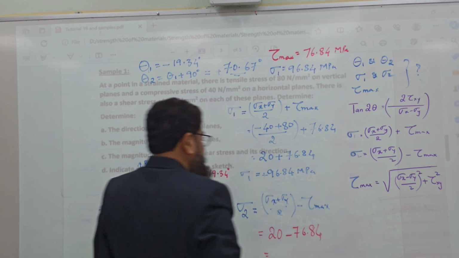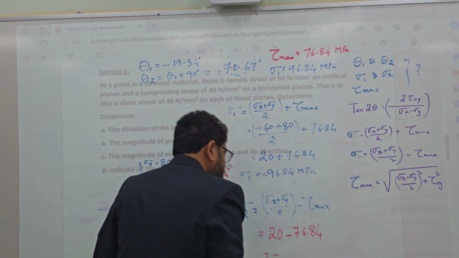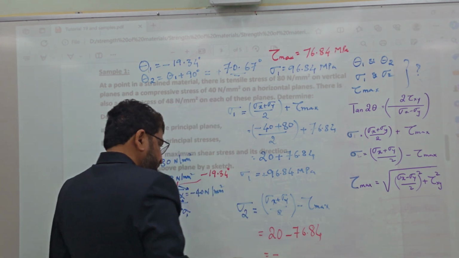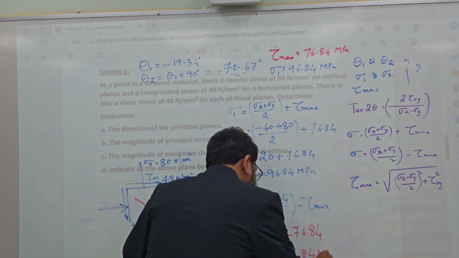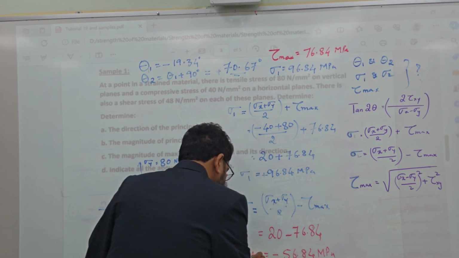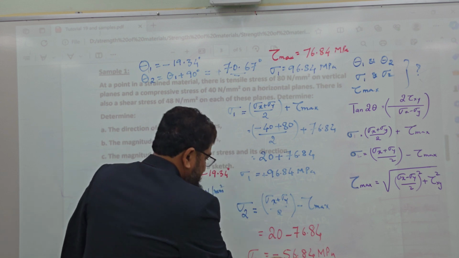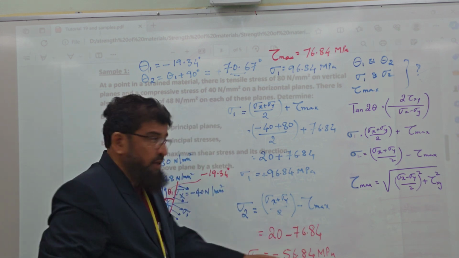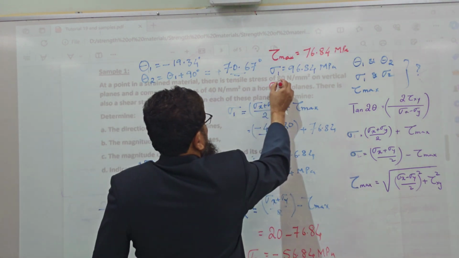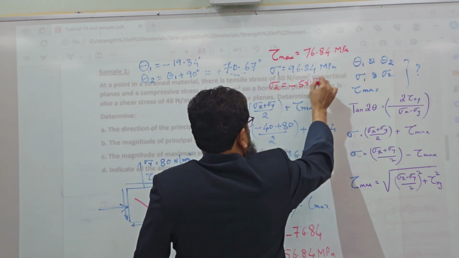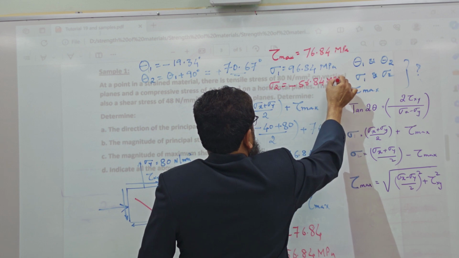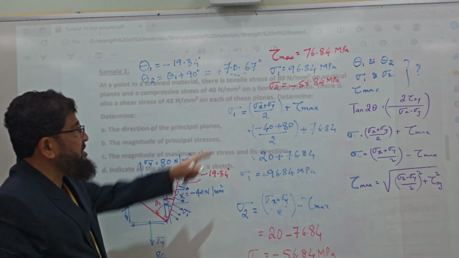This becomes minus 16.84 megapascal. This is sigma 2. So I will write it. Sigma 2 is minus 16.84 megapascal.